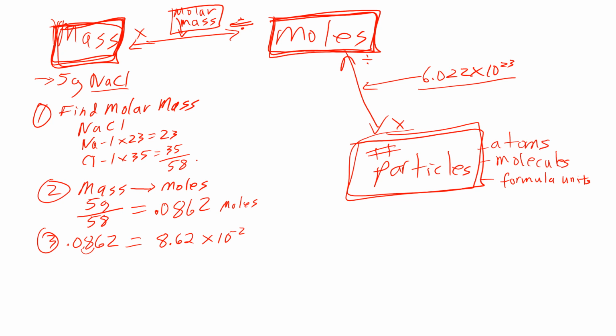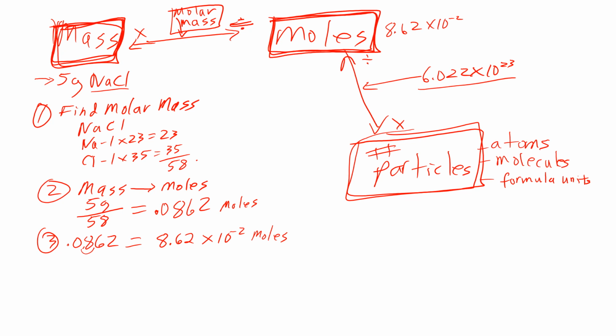Okay, 8.62 times 10 to the negative second. All right, so this is number of moles. We'll put the 8.62 times 10 to the negative second up here. This is where we are.